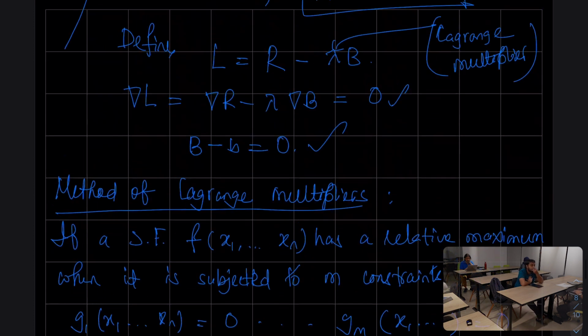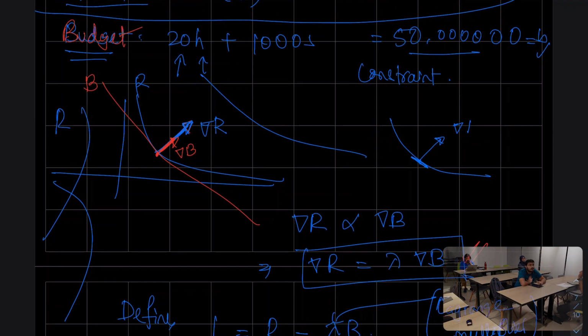So it all goes to there, and you will find. So our curve needs to satisfy the constraint. Okay, and at that point, if there is a stationary point, then the gradient of that should be 0. That's the trick.